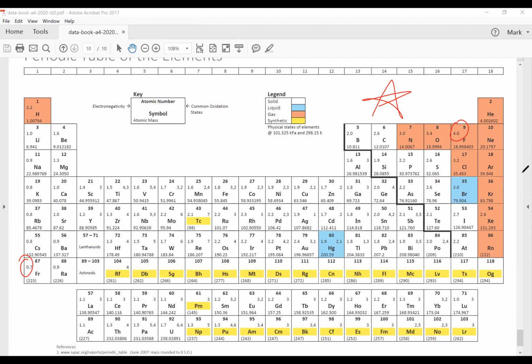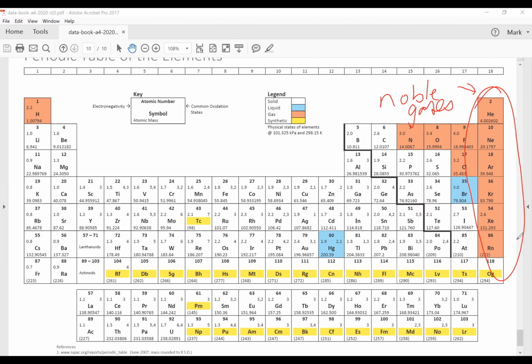Now, another thing I can mention is if you look at your noble gases, there are no electronegativity numbers there. And that's because they are not really attracted to any electrons. They have a full octet. If we drew the Lewis dot diagrams, they would not be attracted to any electrons.